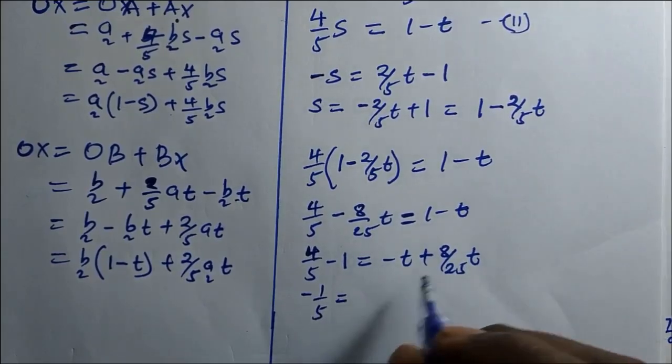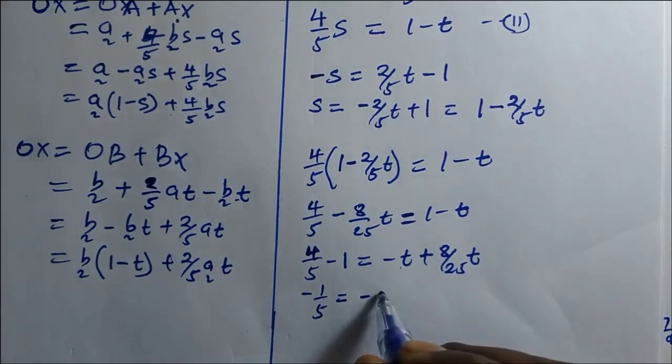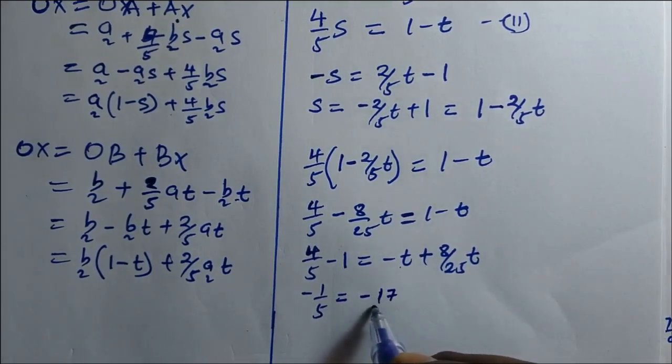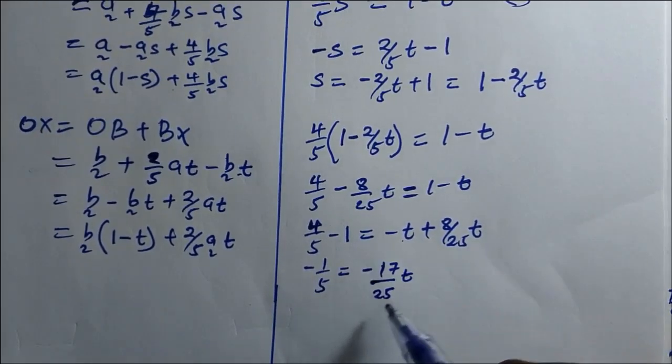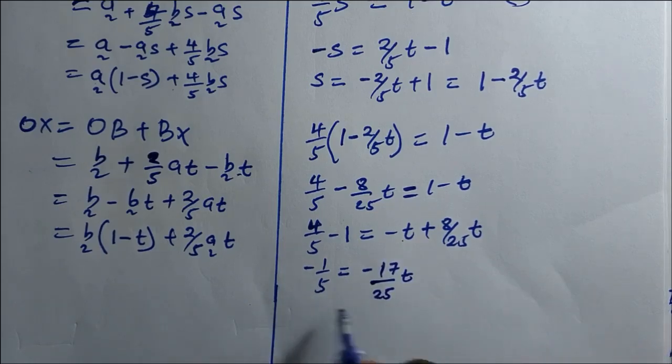So using your calculator, you will find that this one is going to be negative 1 over 5 is equal to negative 1t minus this one is going to be negative 17 over 25. And this is t. So to get t, we multiply by the reciprocal of t on both sides. So we are going to multiply the reciprocal.